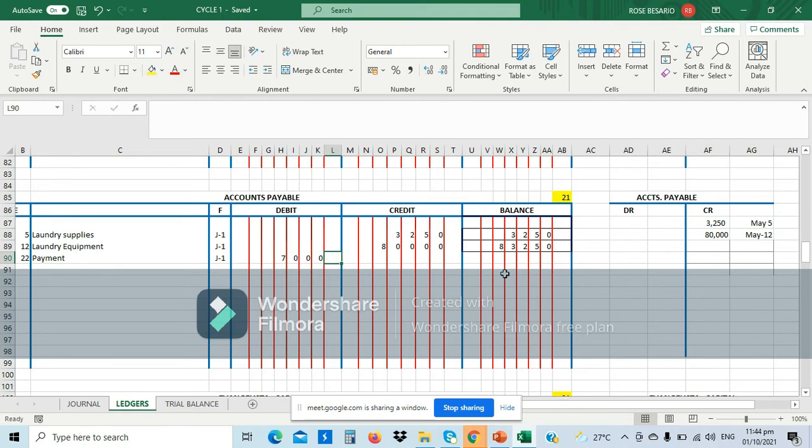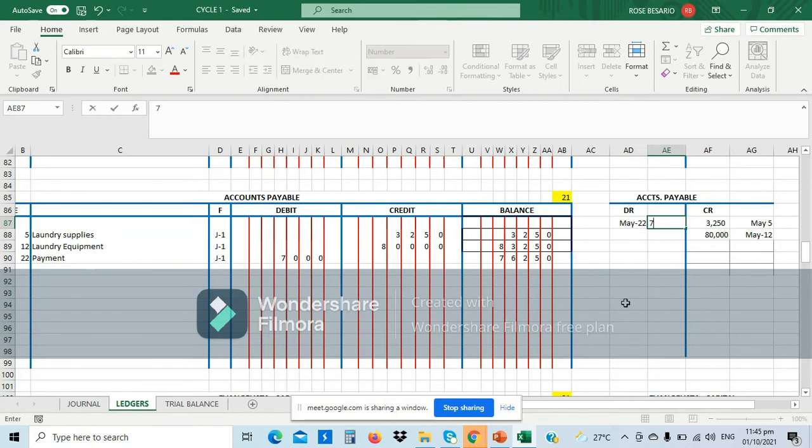So your balance now will be 83,250 minus 7,000. So your balance is 76,250. Okay? And then in your accounts payable T account, you should also have here May 22.